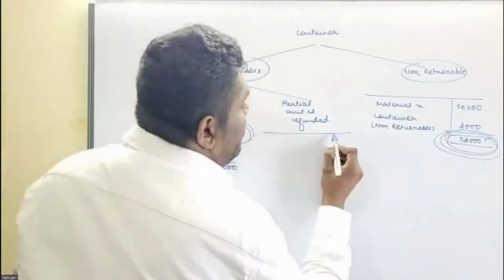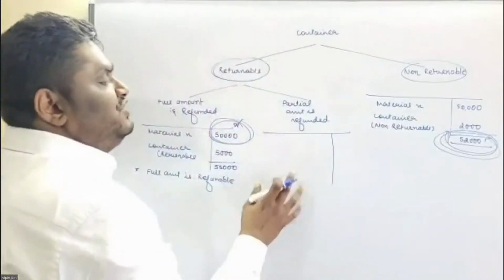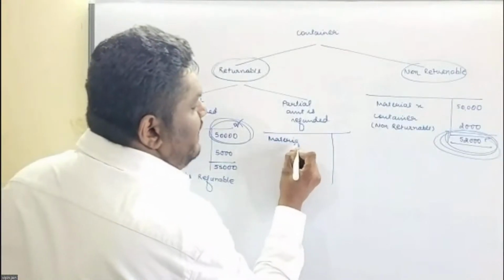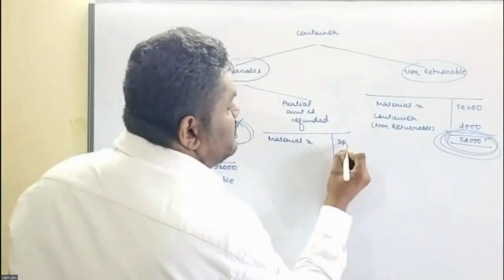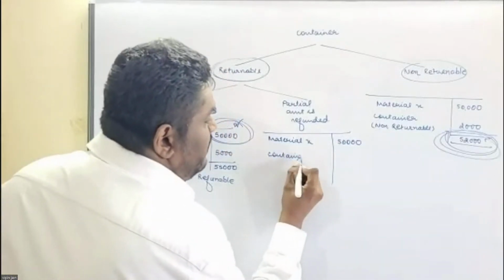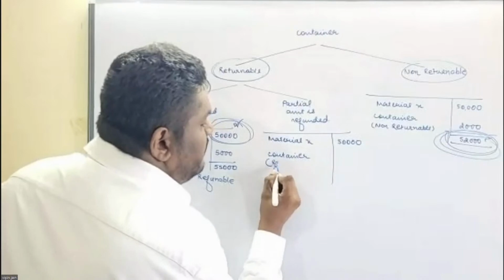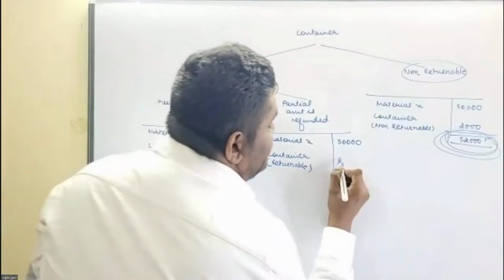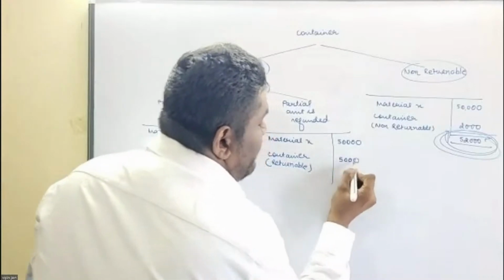But when talking about the partial amount, let's take the same example: material X, 50,000, returnable container of 5,000.